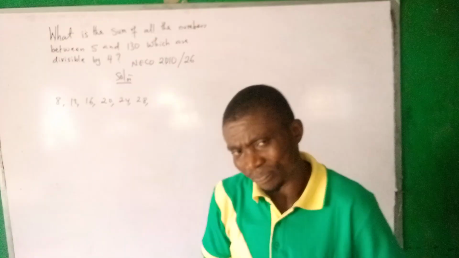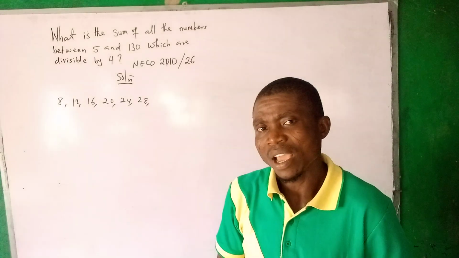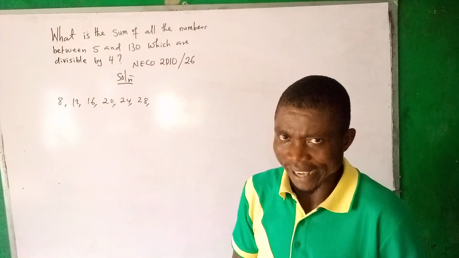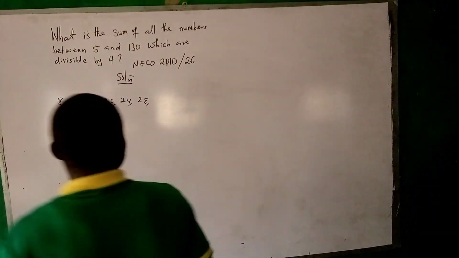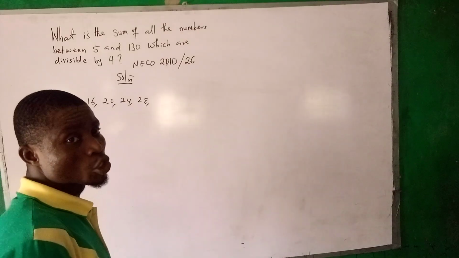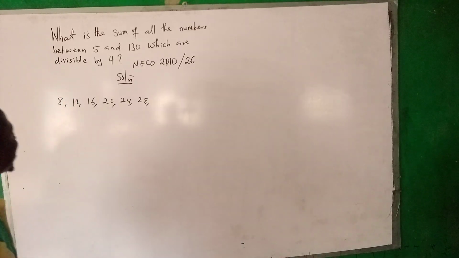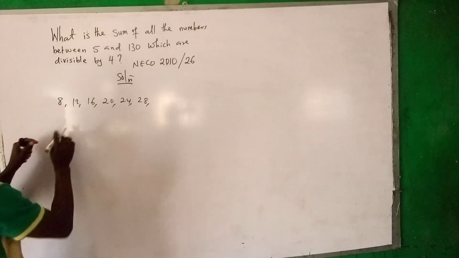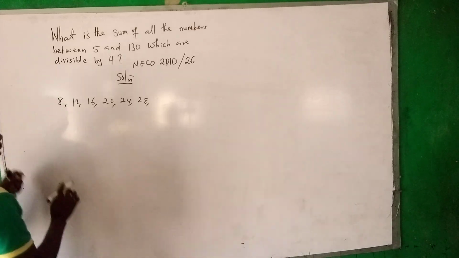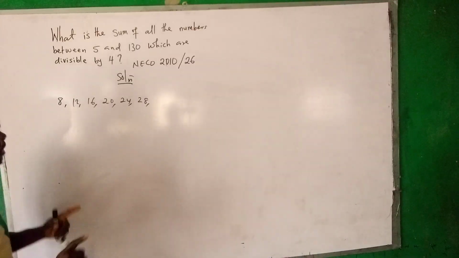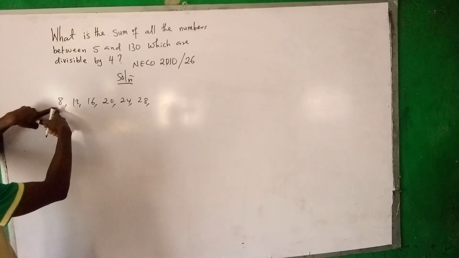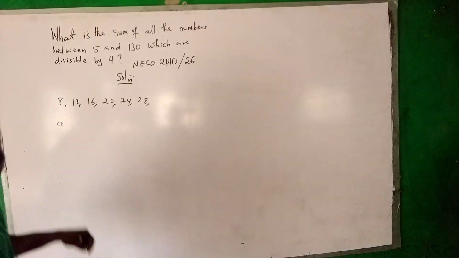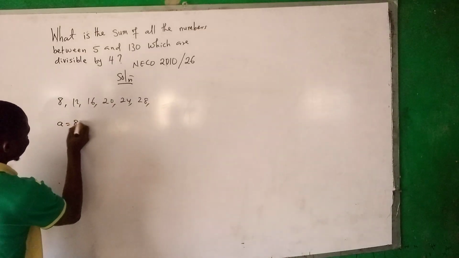We are going to use what we call AP, arithmetic progression, to tackle this question. In one of my videos, I'm going to teach you arithmetic progression so that you know it very well. From the numbers I've just listed, you can see that the first number is 8. In AP we call it the first term, and they normally use A to represent it. So A is 8.